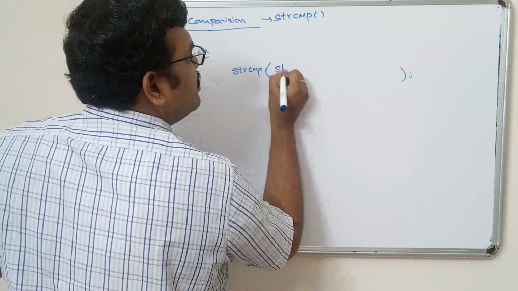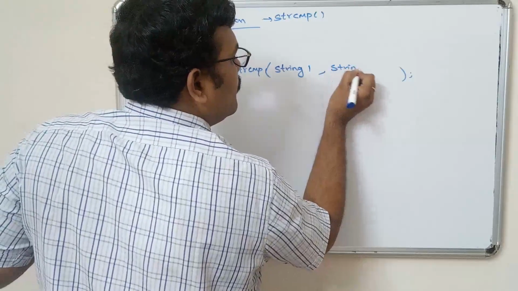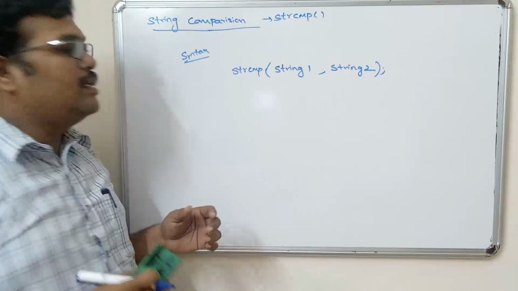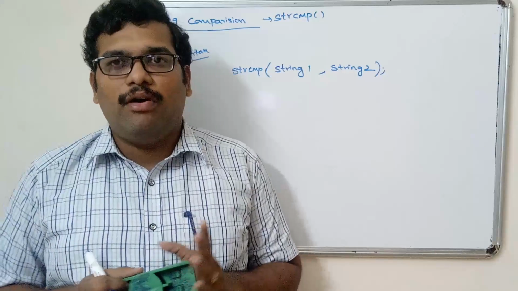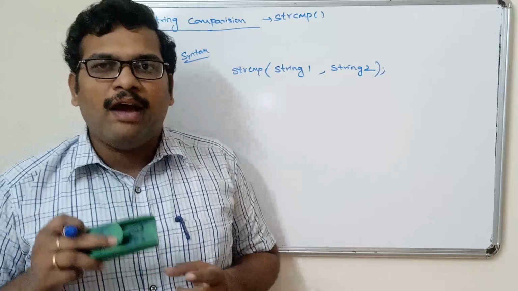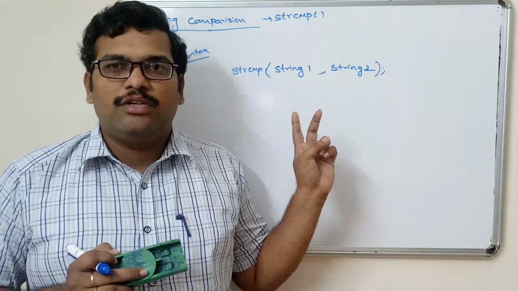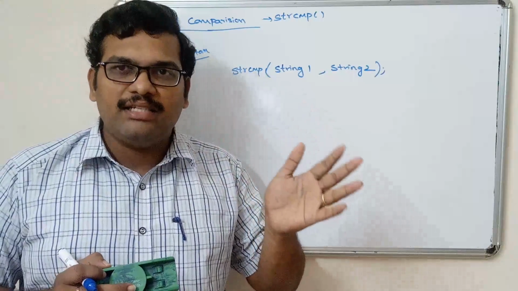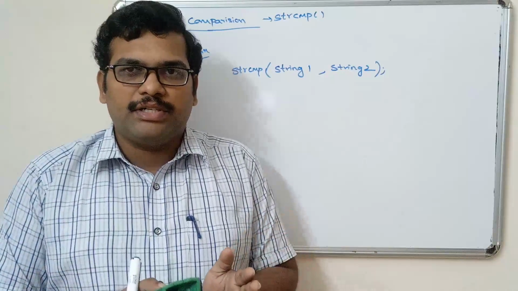The syntax is: see, here also the name itself indicates it will compare the contents of one string with the content of another string. So for that purpose we have to give two strings as inputs. That means we have to declare two strings and also initialize them, and then we have to perform the comparison function.